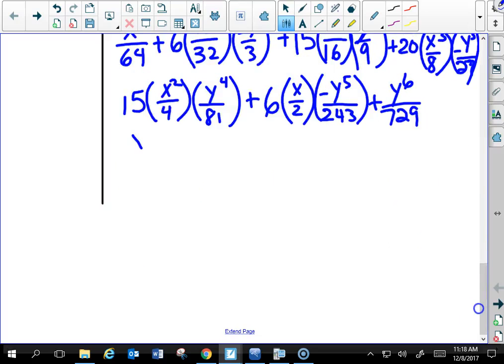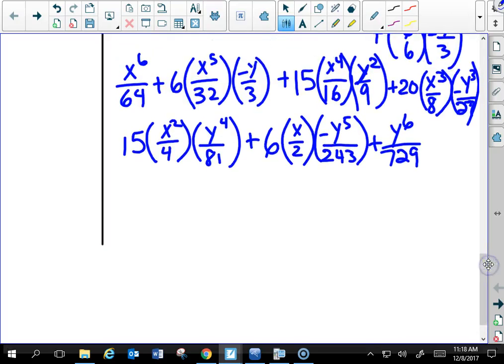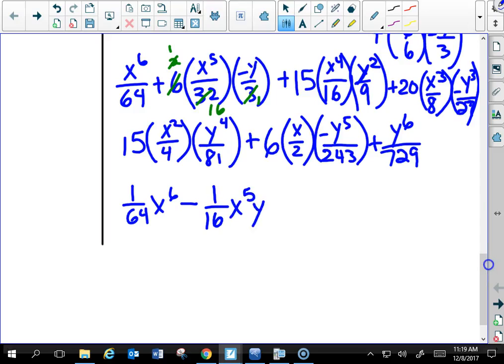I found that on the quiz software, it is easier to enter the fractions first and then the variables. So I'm going to write them that way. So 1 over 64, x to the 6th power. All right, so now I've got some multiplication and some dividing to do. And I like reducing, so it looks like my next term is going to be minus 1 over 16 x to the 5th y.